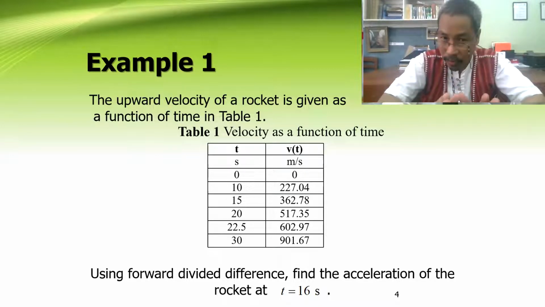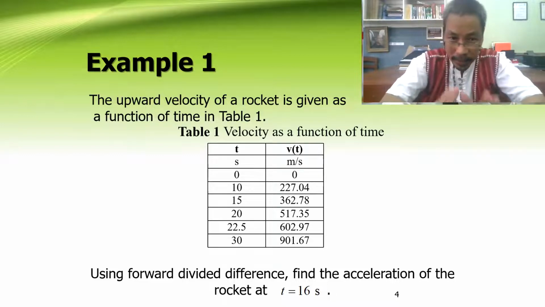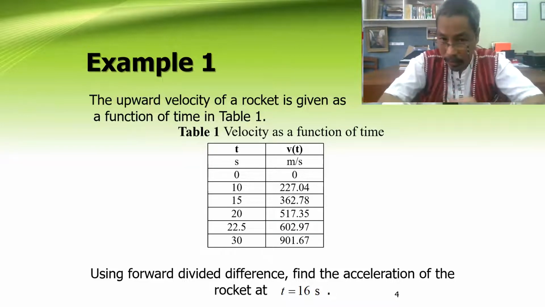At time 0, the velocity is 0 meters per second. At time 10 seconds, the velocity is 227.04 meters per second. What is the velocity at time 20 seconds? That is 517.35 meters per second. What is the velocity at time 22.5 seconds?